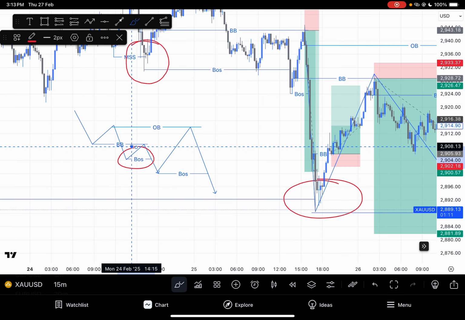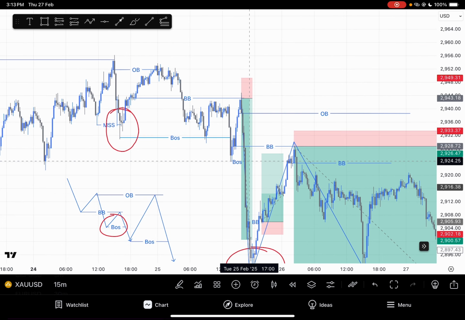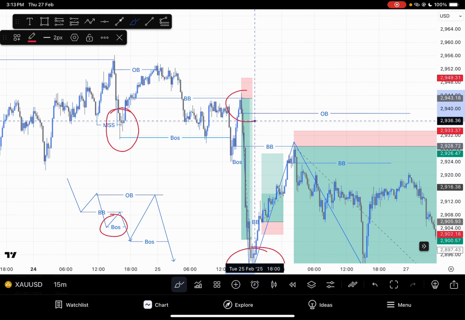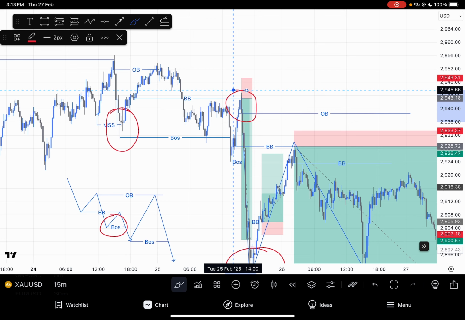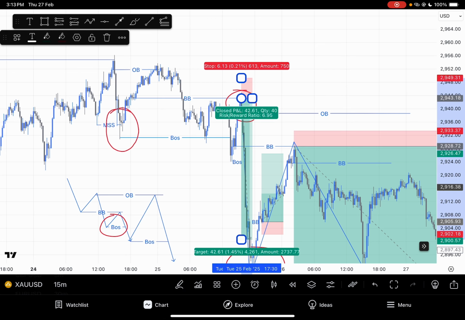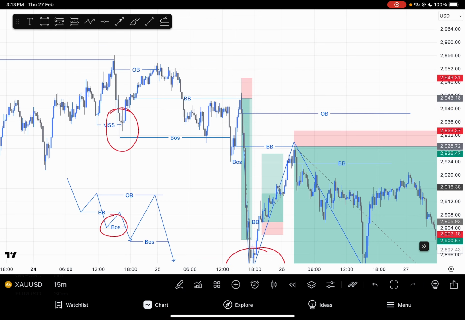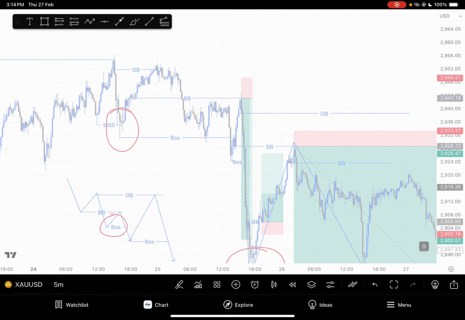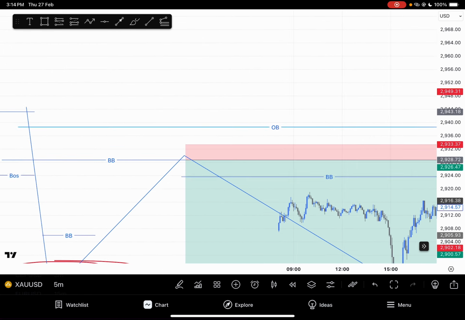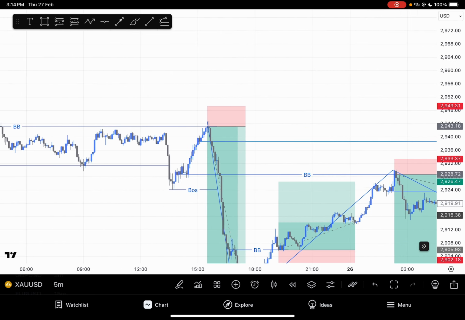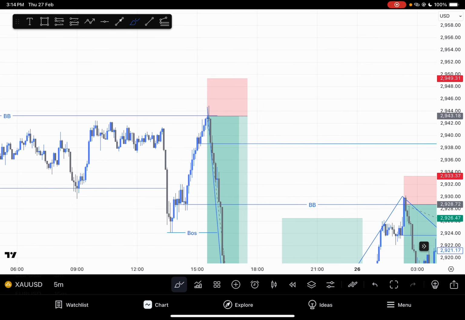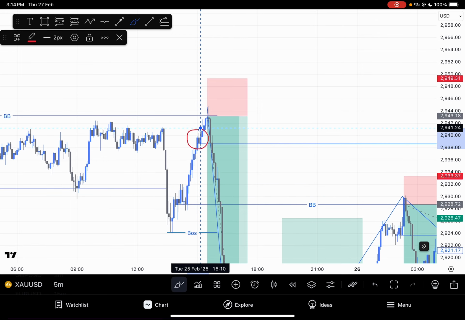From this point here, if you go down to a lower time frame, let's go to the 5-minute time frame, you can clearly see there's an order block there.